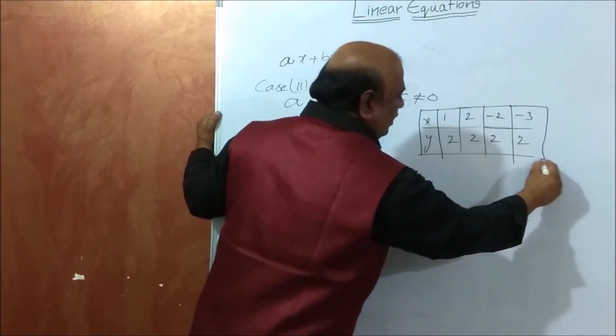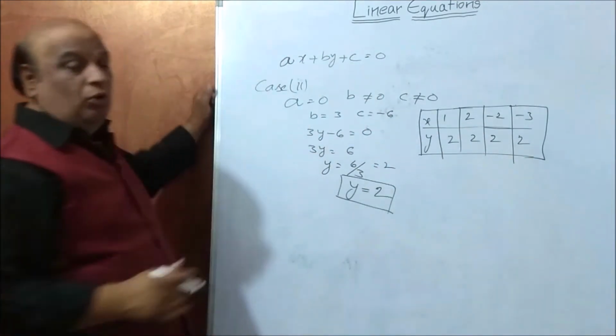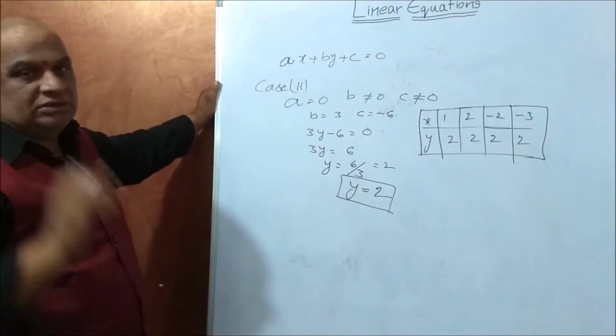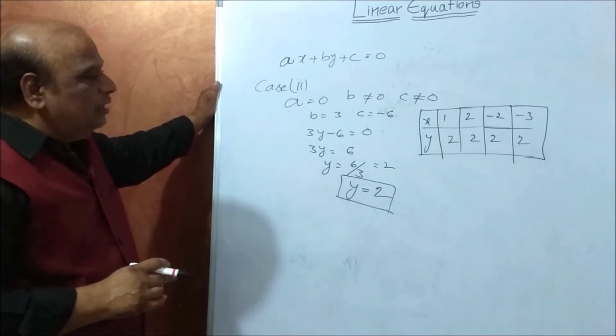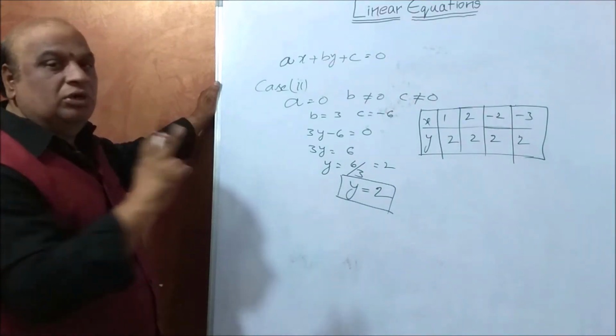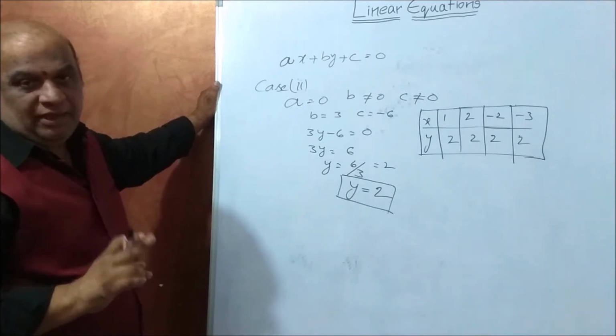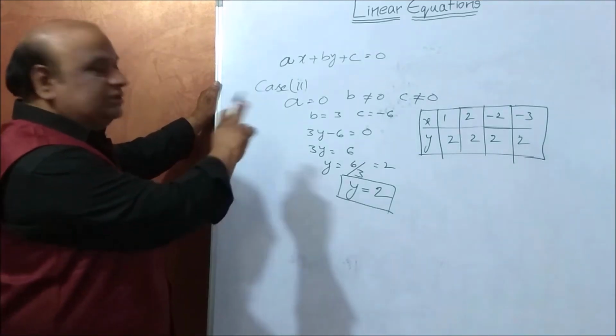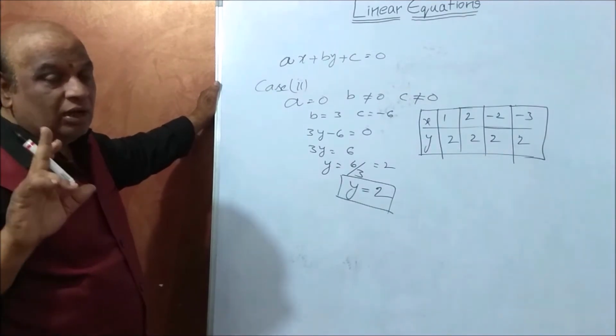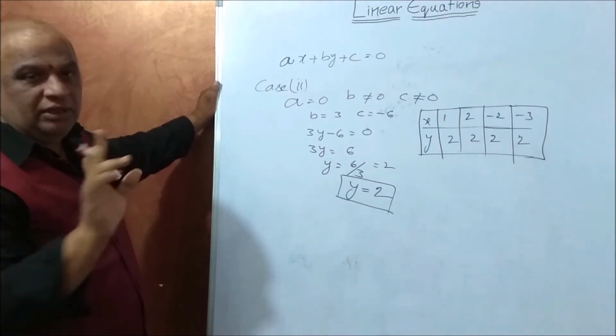Like this we can take more points, but y is constant. I will show that in this case also we can get a line. Remember this: on the graph sheet, in the second case also, we can draw a line. I will show it on the graph sheet.